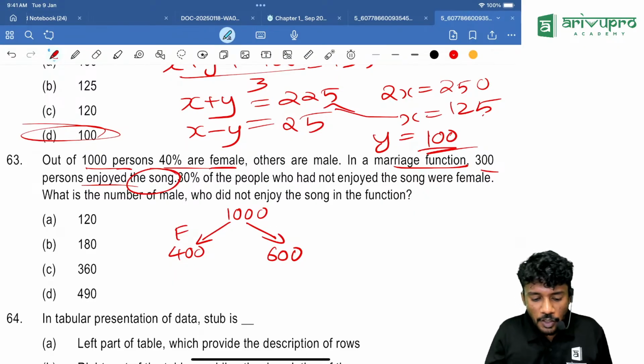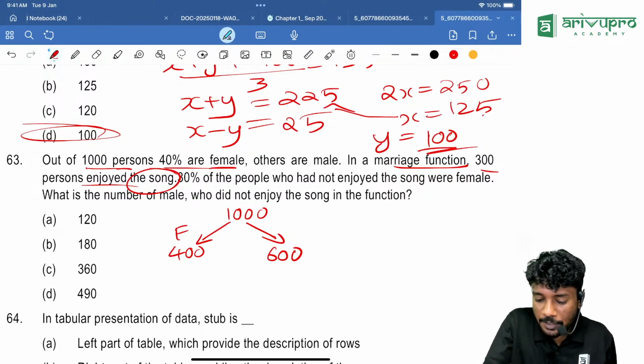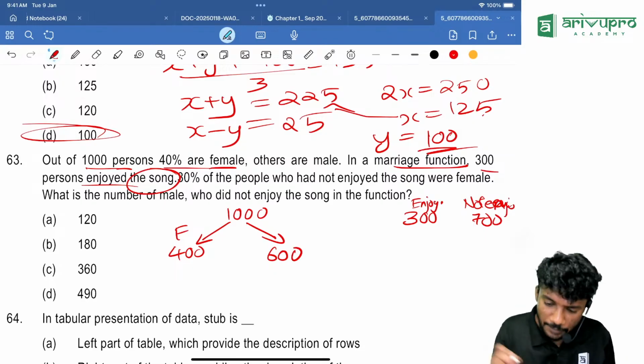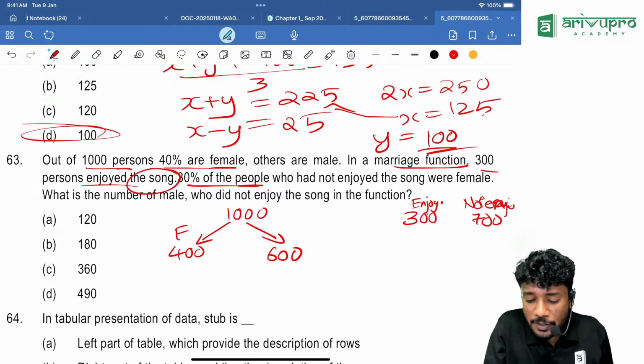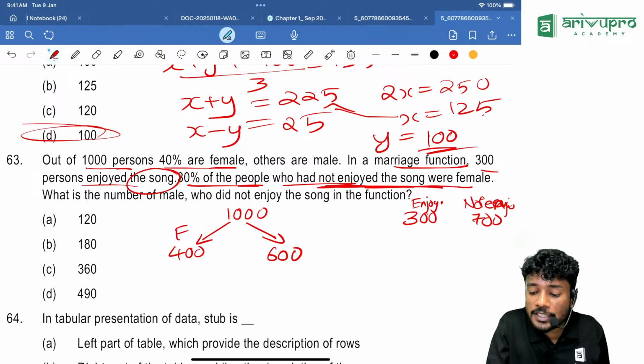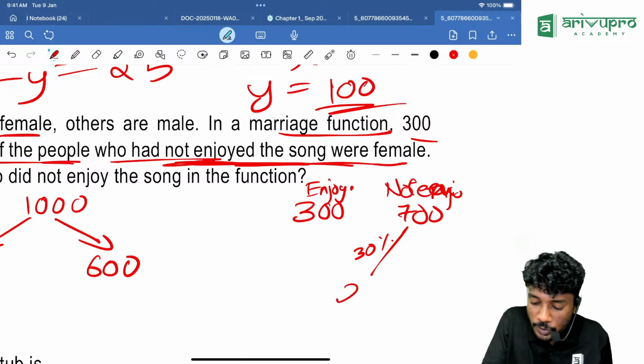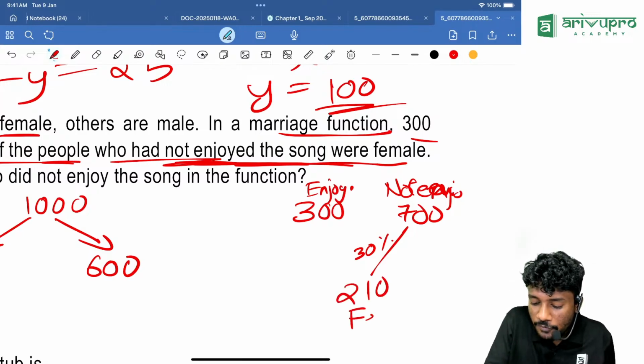That means 300 enjoyed, so how many didn't enjoy? Enjoyed is 300. Not enjoyed is 700. Correct? Yes. Then 30% of the people who had not enjoyed the song are female. That means 30% of 700 is how much? 210. That means 210 are female.